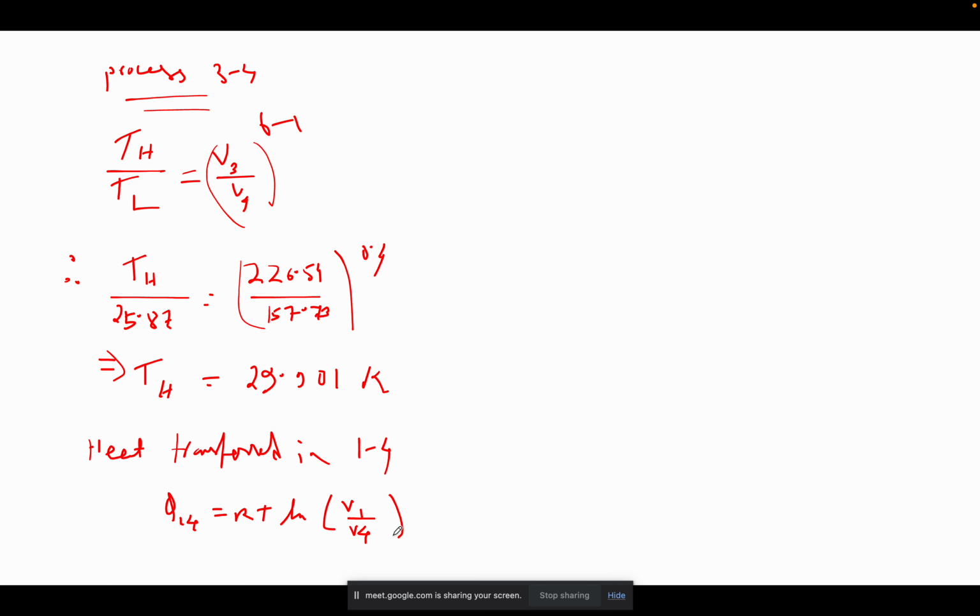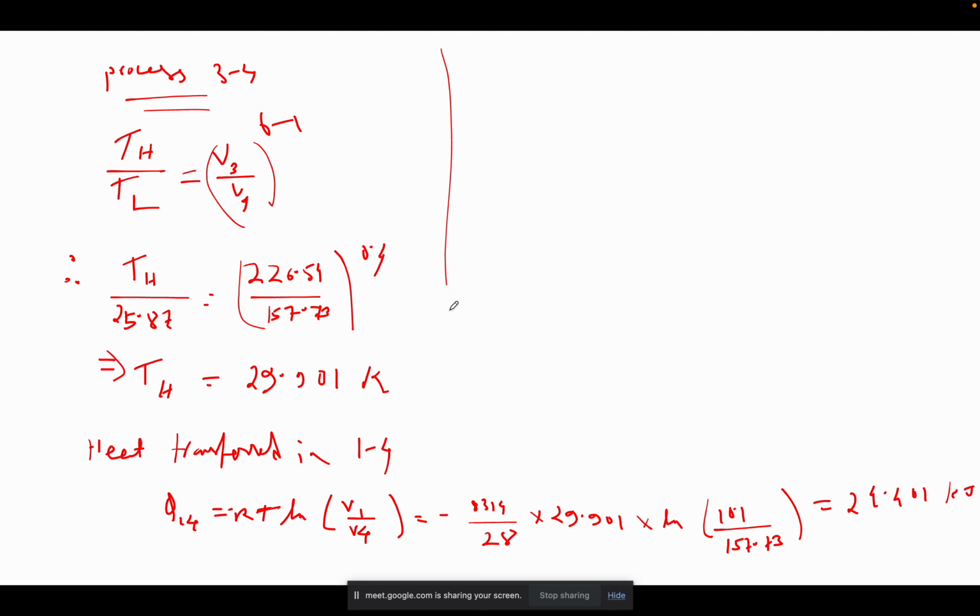So you put it here, and you will get minus 8314 divided by 28 into 29.901 into ln 10.1 divided by 157.73. This will be your 24.401 kilojoule.